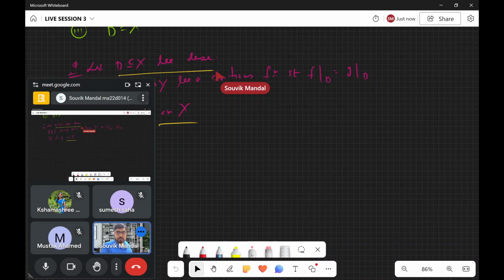Anybody able to solve this problem? For D dense, D closure is whole X. Can we use the fact that f of closure of A is contained in closure of f of A for any A?